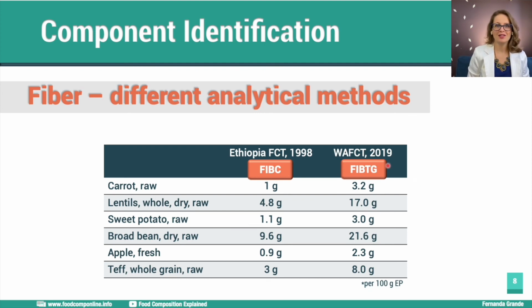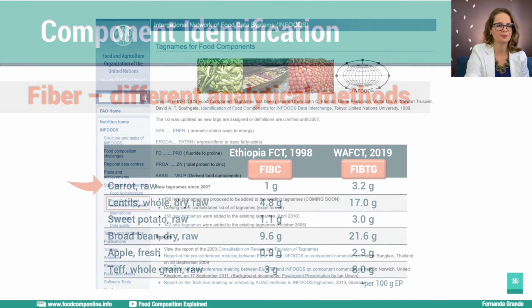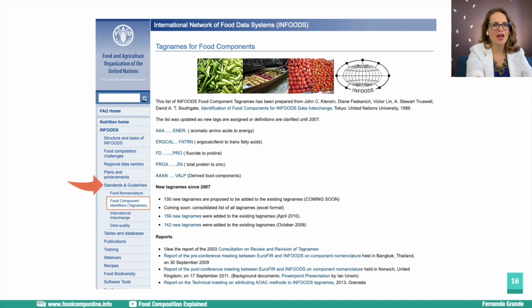So as you can see, the tag names are quite useful for a complete component description and should be used to identify all the components in a food composition table. You can check all the tag names that are available in the INFOODS website.